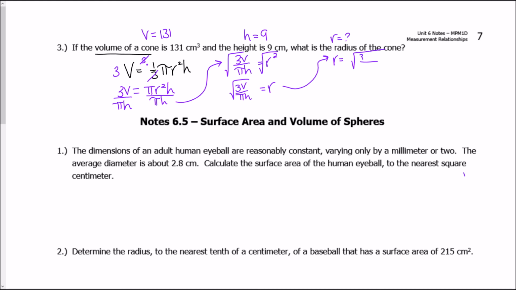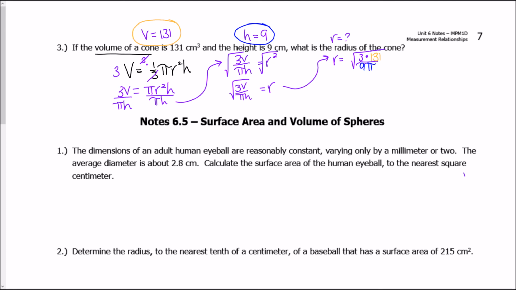So it's going to be 3 times v, which stands for the volume, and we figured out the volume is 131. It told us that. Then I'm going to divide that by pi times h, which is the height, and we figured out that the height was 9. So instead of pi times 9, I'm just going to say 9 pi.